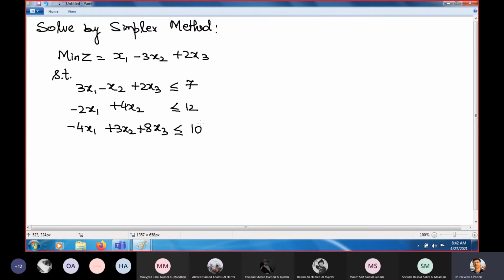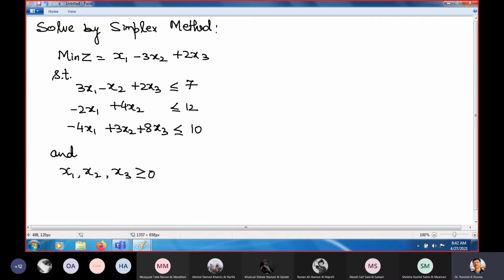This is a very famous problem, with the numbers 7, 12, 10. And the non-negative restrictions are that all three variables are greater than equal to 0.